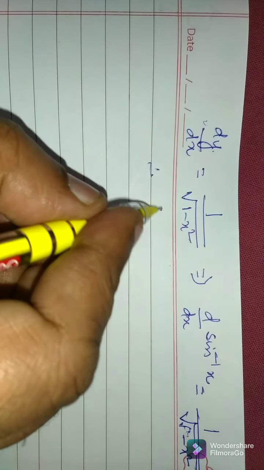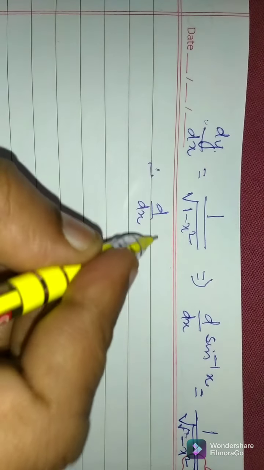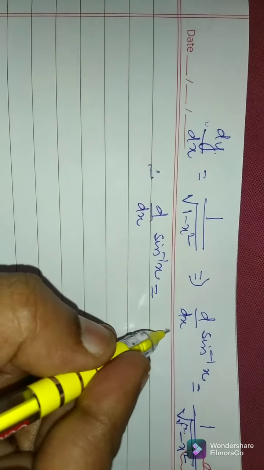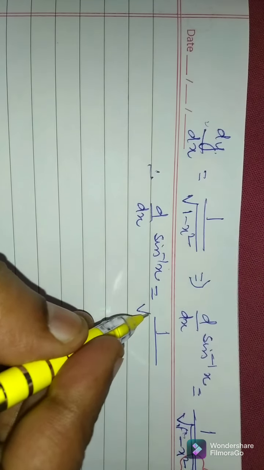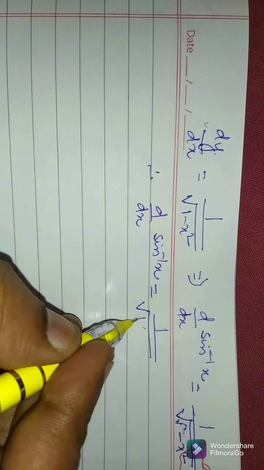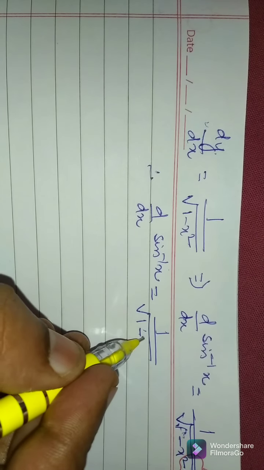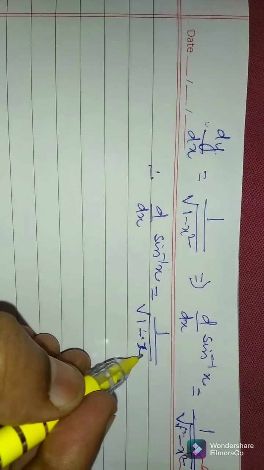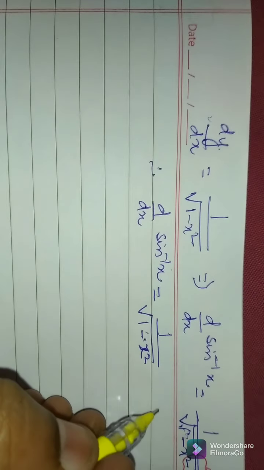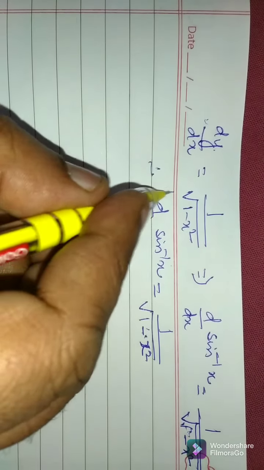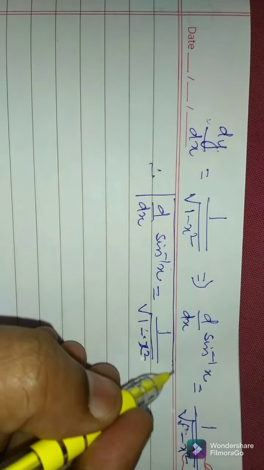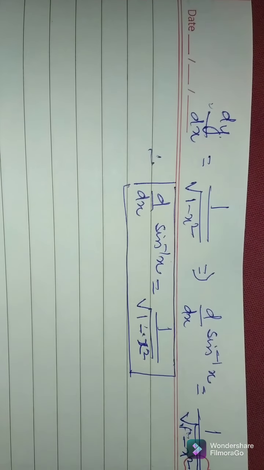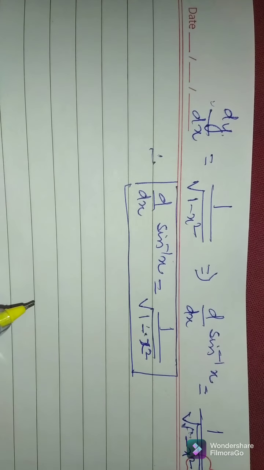Therefore in place of y, I am writing sine inverse x, which is equal to 1 upon root under 1 minus x square. So this is the formula derived for the differential coefficient of sine inverse x from the first principle.